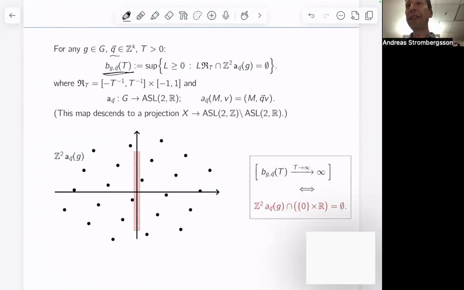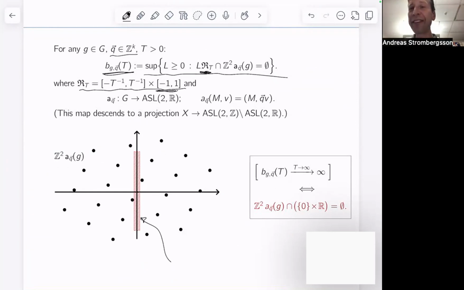For any given non-zero integer vector q, it's the supremum of all L such that L times this rectangle RT, and RT is a rectangle that is very tiny in the horizontal direction, but it goes from -1 to 1 in the vertical direction. So you can see this picture here.